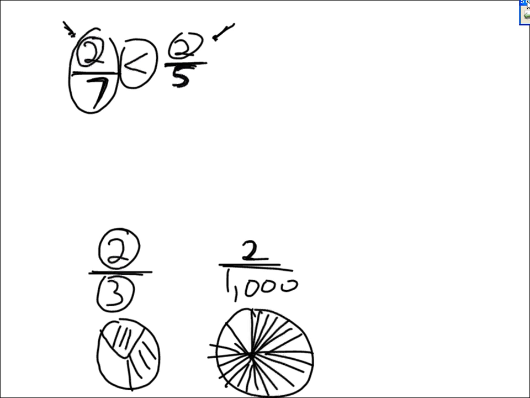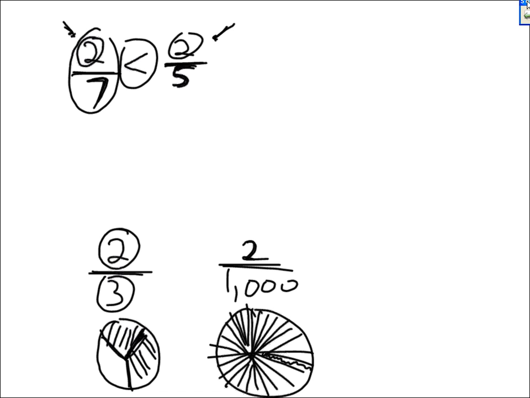You're getting just 2 right out of 1,000, or 2 slices out of 1,000. This person, there were 3 questions on their test. They got 2 right. Or 3 slices in their pie, and they had 2 of them. This person, they have a long test, 1,000 questions, and they only got 2 right.